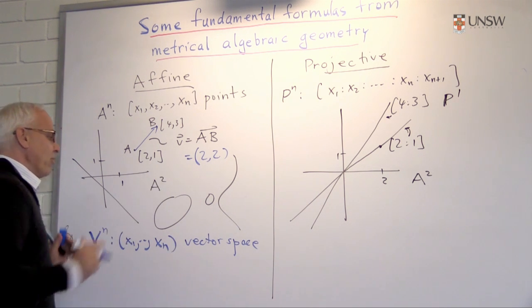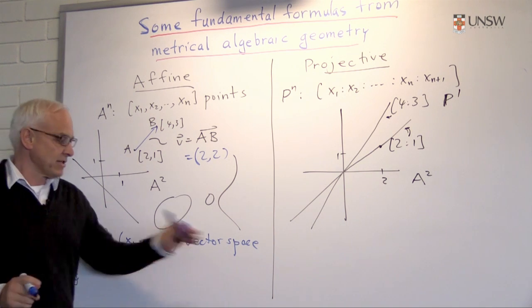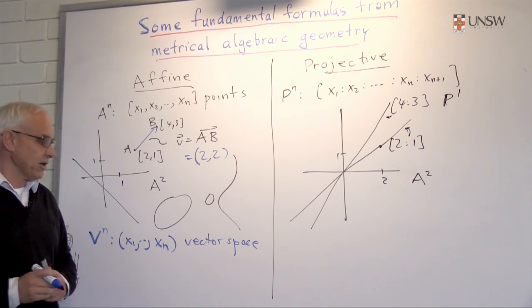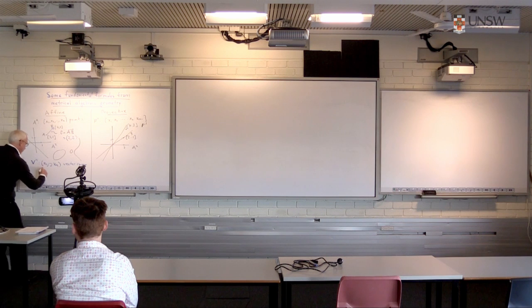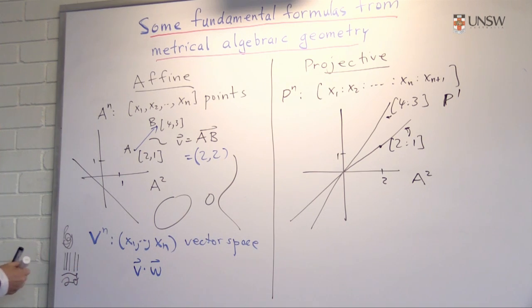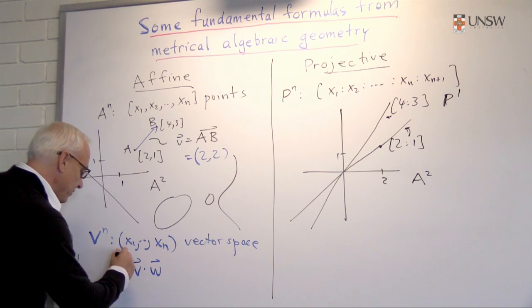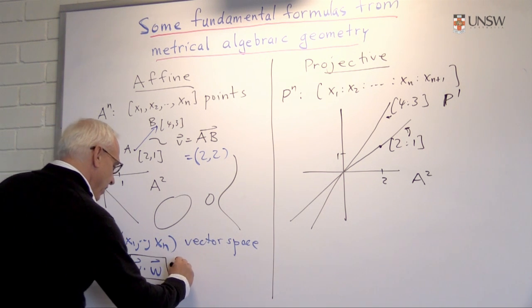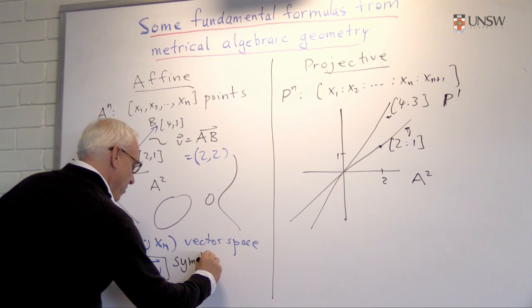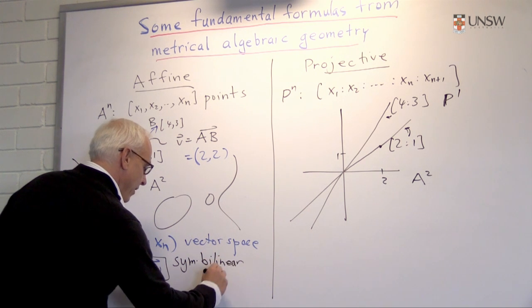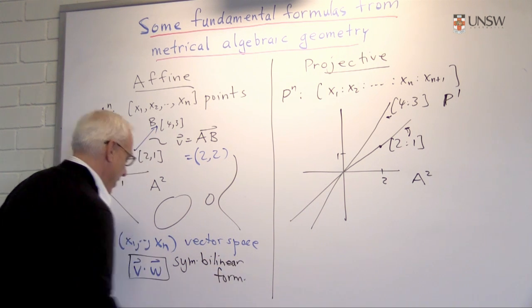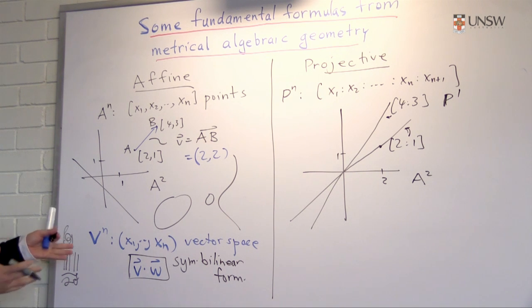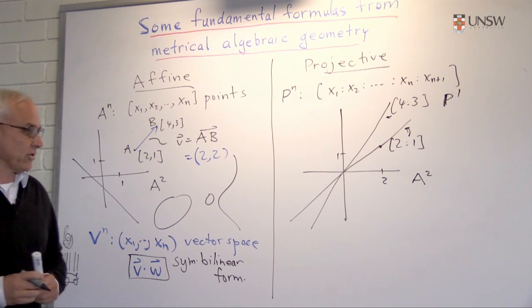So the quadratic form is more naturally associated here to this affine situation, or actually more particularly to the vector space. If we have a vector v and we have a vector w, we have v dot w, which is a symmetric bilinear form. And that's really the starting point to a metrical structure.